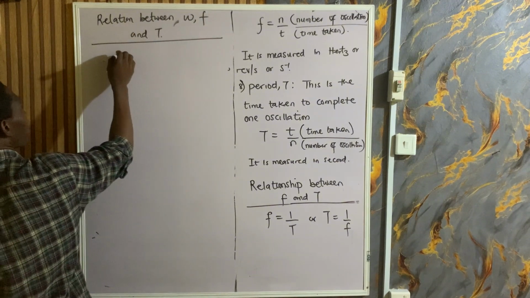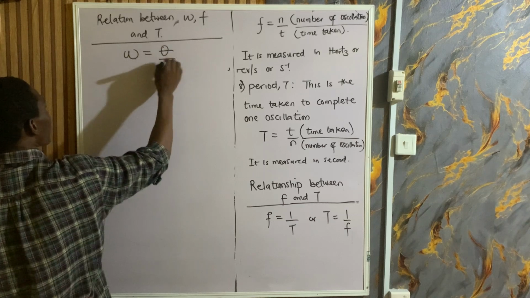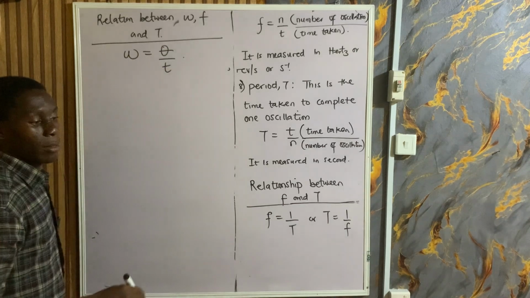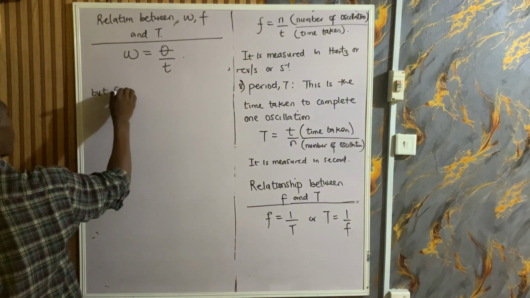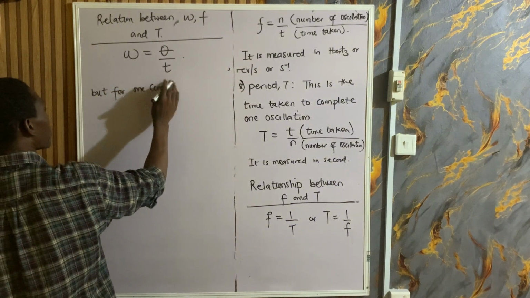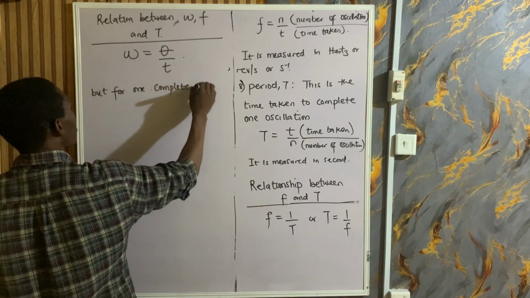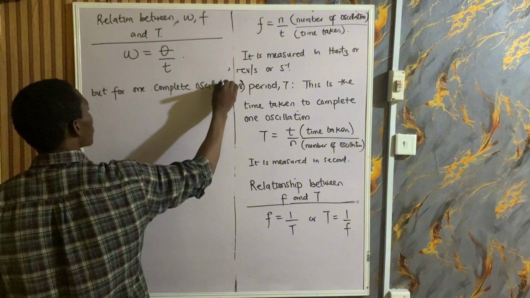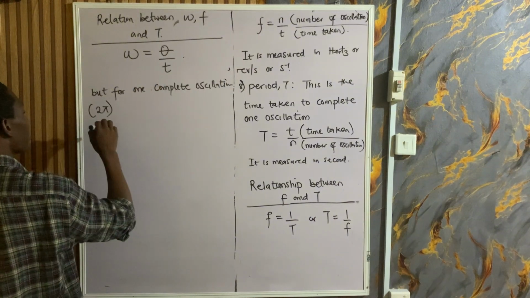We've stated earlier that omega is angular distance over time. But for one complete oscillation now, the angular distance covered is 2 pi.